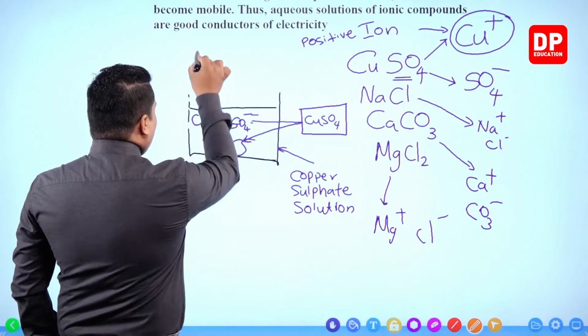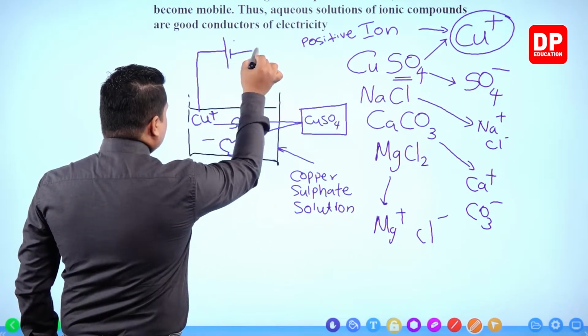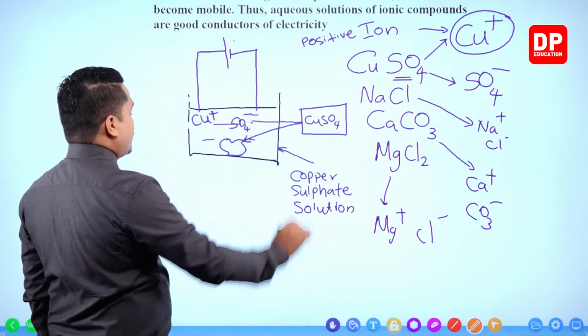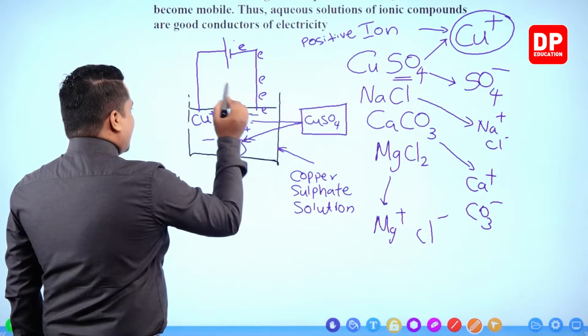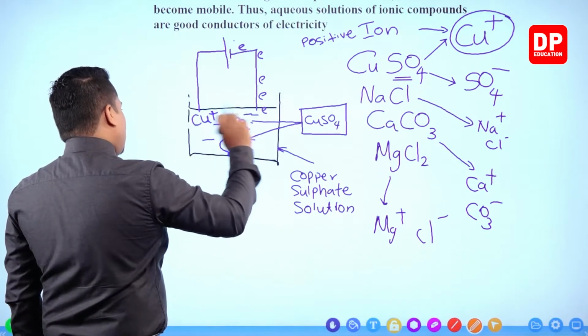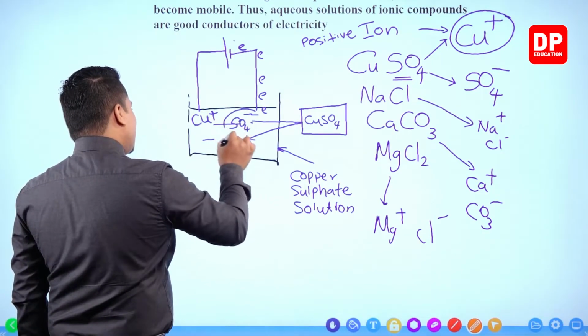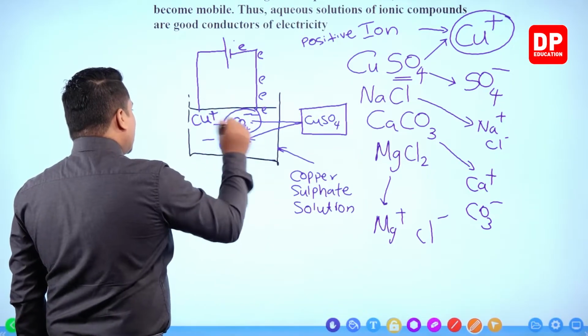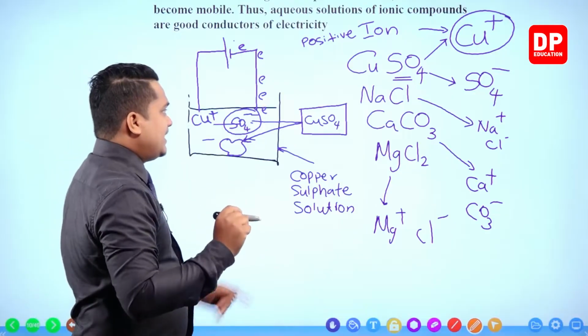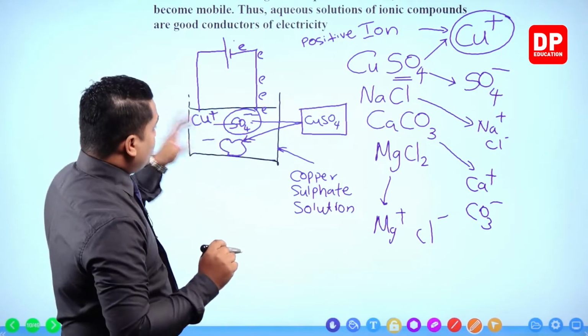When you connect an electric source to this, you know that from the negative terminal electrons are coming. These electrons have the ability to repel the negative charges to the other side, or these negative charges have the ability to repel these electrons to the other side.